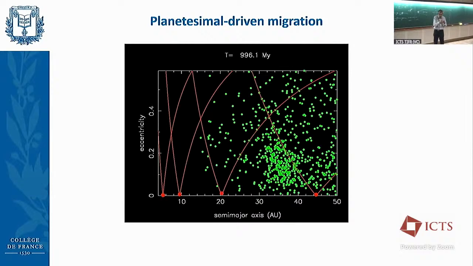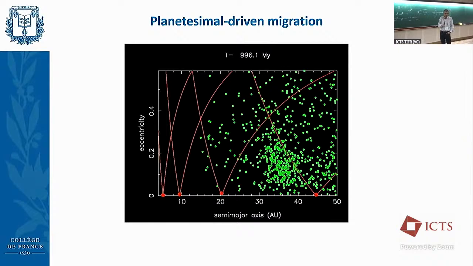The planets move in divergent directions, so they are extracted from the resonant chain, and they are deposited at random locations, nothing to do with resonant ratios. So this can explain, and their paper explains, the period ratio distribution, for instance, without having to excite the eccentricity. So this is a valid process if there are planetesimals.